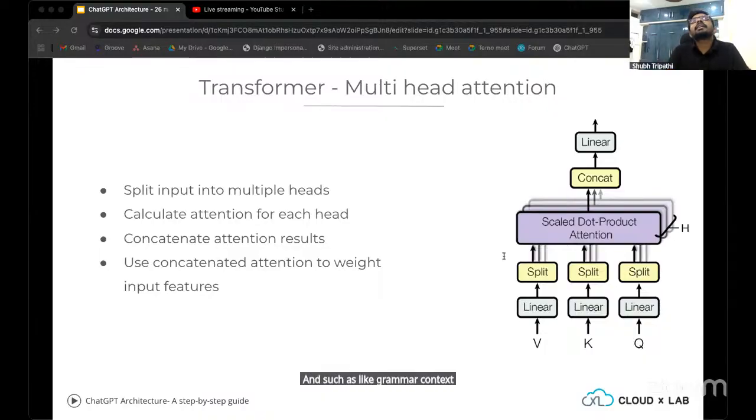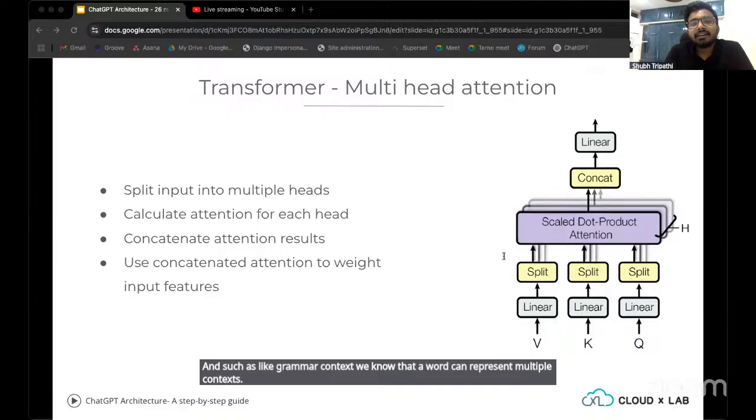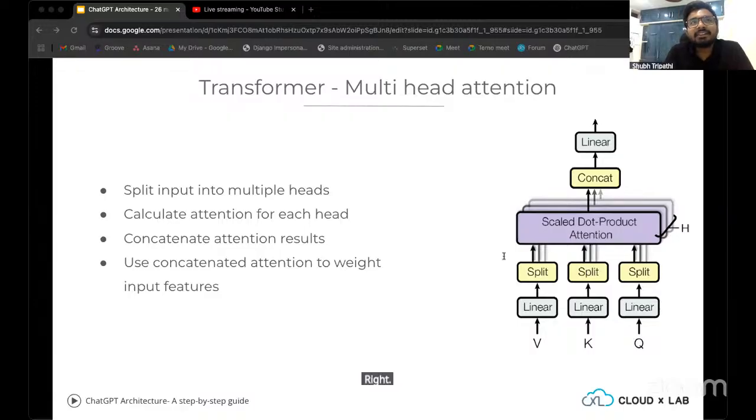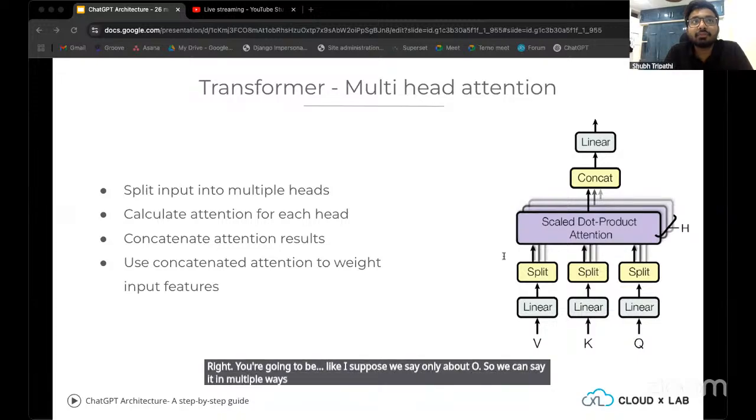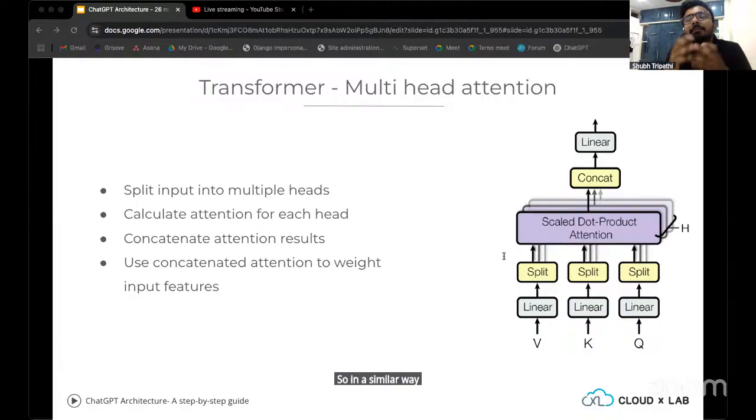We know that a word can represent multiple contexts. Suppose we say only the word "oh": we can say it in multiple ways. We can be shocked and say "oh," or surprised and say "oh," or when we understand something, we say "oh." In a similar way, each input can have multiple contexts.